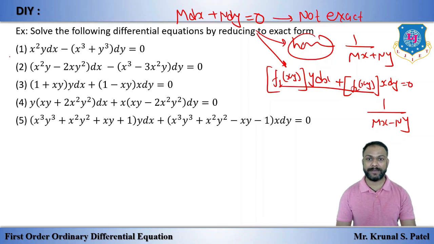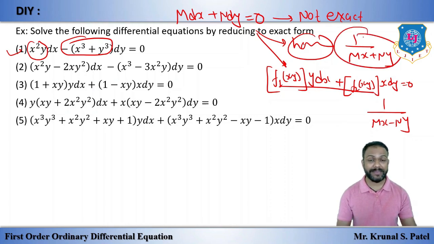So now you can identify this is homogeneous, degree 3, degree 3, degree 3. But before that, you have to check by taking M and N, and if it is directly exact, then there is no need to use this IF. Otherwise, IF will be 1 only.